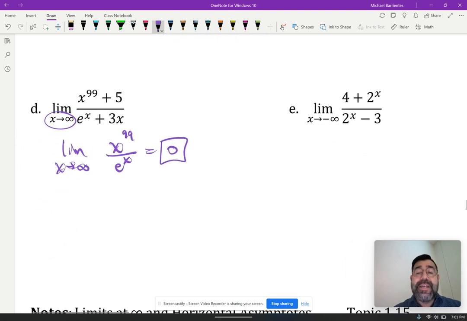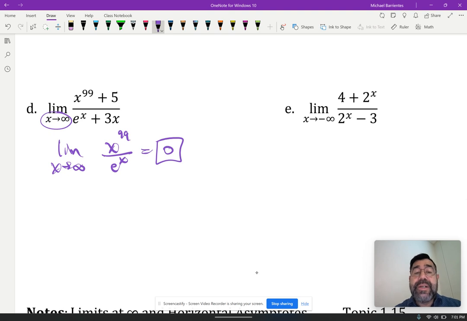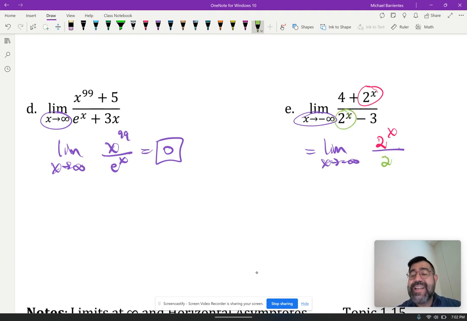What about letter E? Well, a limit at infinity, right? So I'm going to take the limit as x approaches negative infinity of the numerator. The biggest term of the numerator is 2 to the x. The biggest term in the denominator is 2 to the x.